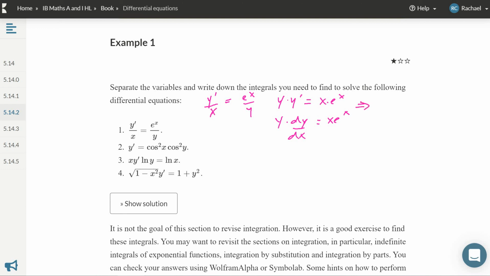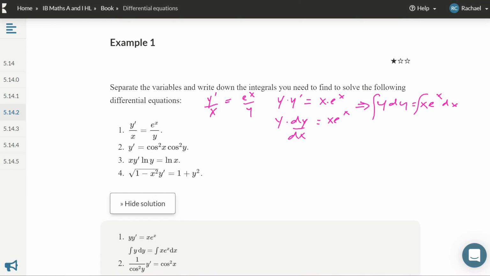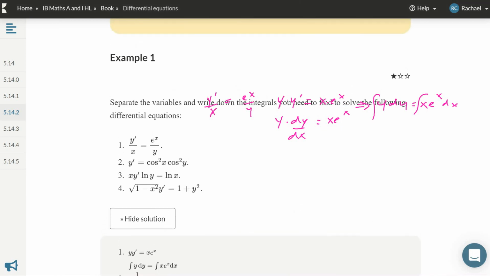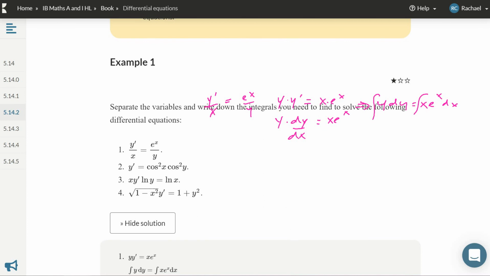And then here you would have y dy equals x e to the x dx. And here you would write those integrals there. And that's all you need to do for these examples, just to show the solution.